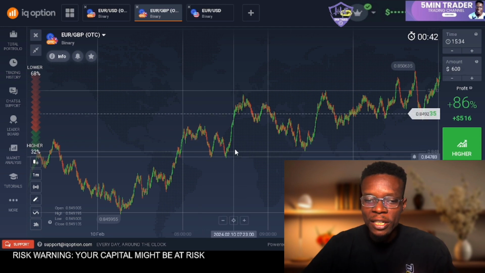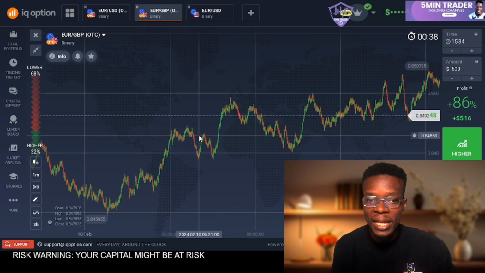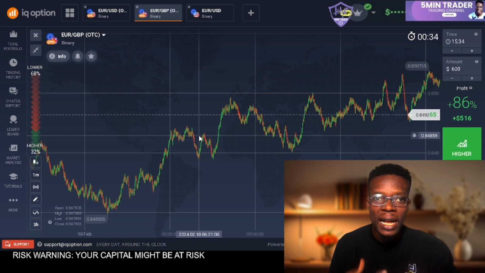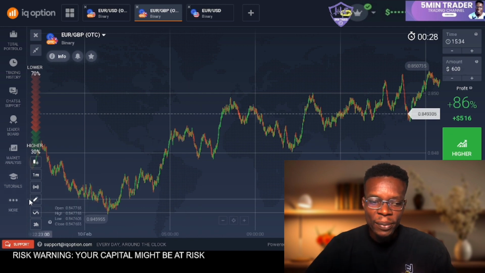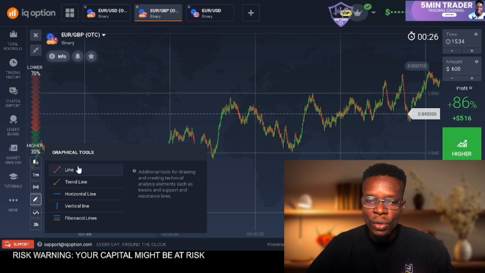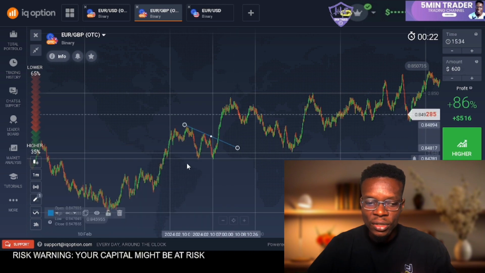Now, if you are here, the next thing you want to do, since you can have the price structure very clear, you can now apply a trend line connecting the resistance levels of the minor trend. That means you are going to be applying a resistance level on this area here, connecting all the resistance levels together.